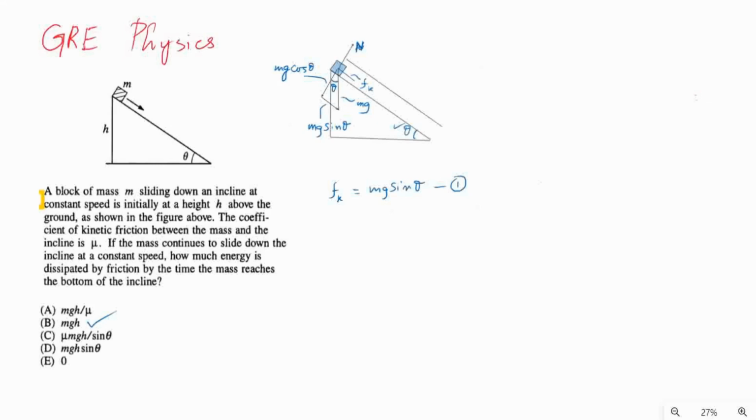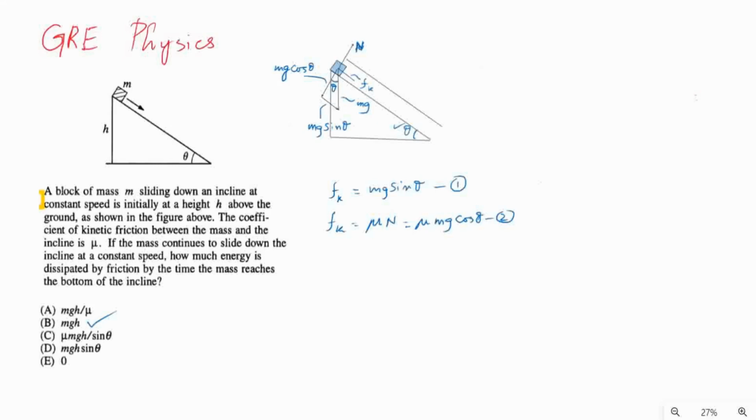And the frictional force is also equal to mu, coefficient of kinetic friction, times the normal force, which has magnitude equal to mg cosine theta. So this is equal to mu times mg cosine theta. Call it equation number 2.